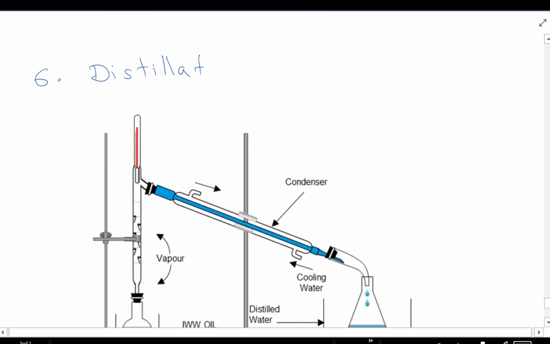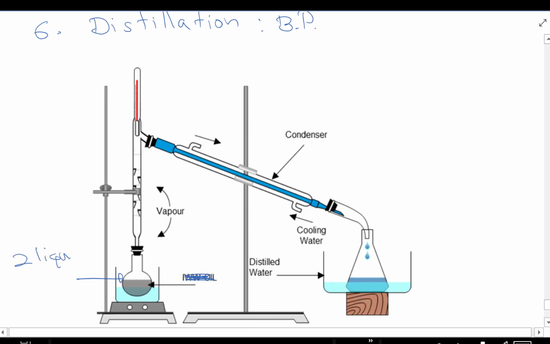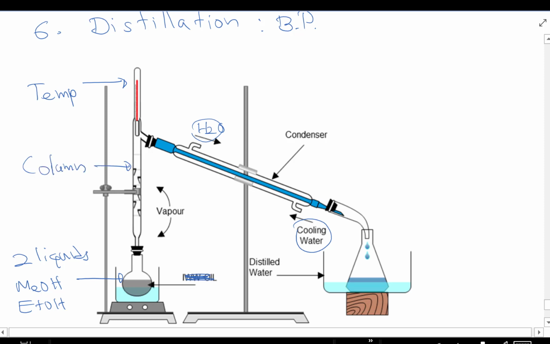Now, if it is a liquid, you can do a distillation. So in the distillation, let's say you have two solvents, methanol and ethanol. You put it in the flask, and you have a thermometer here to measure the temperature, the boiling point, and the condenser, with water added from the bottom and then taken out from the top, right?